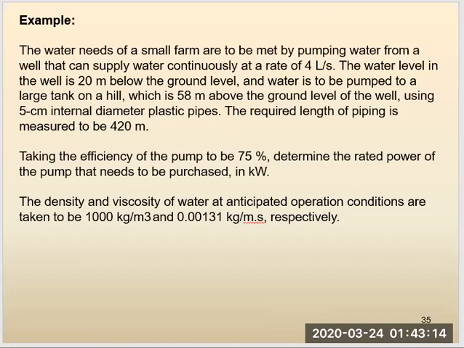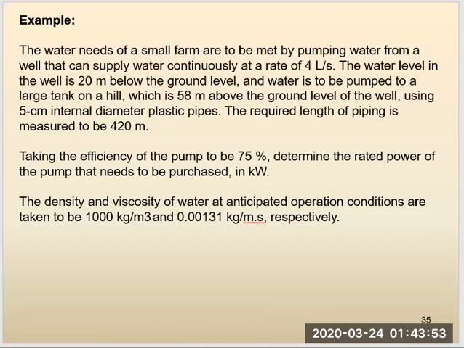The water level in the well is 20 meters below the ground level, and water is to be pumped to a large tank on a hill, which is 58 meters above the ground level of the well, using 5-centimeter internal diameter plastic pipe. The required length of piping is measured to be 420 meters, taking the efficiency of the pump to be 75%.